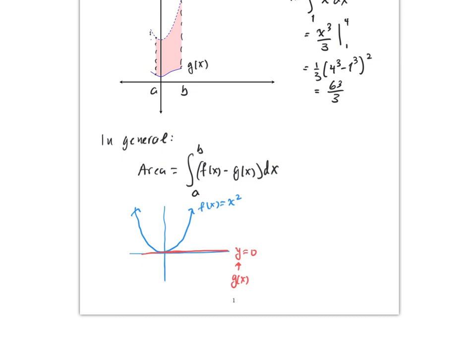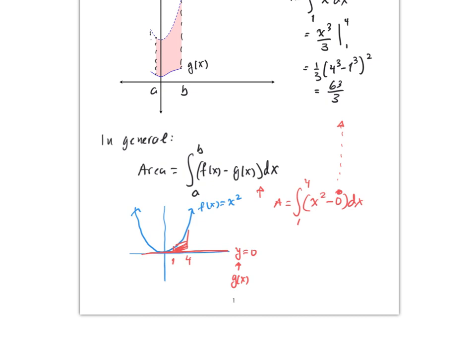So if we plug it into this equation, the area would be the integral from 1 to 4 of x squared minus 0, or just x squared dx, which is exactly the same thing we did before.